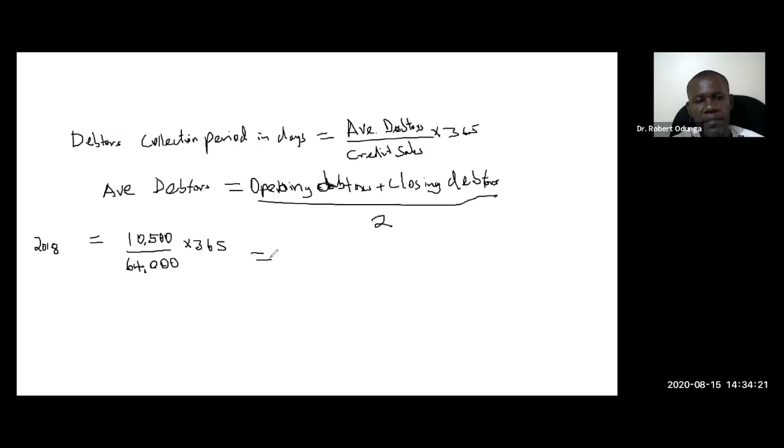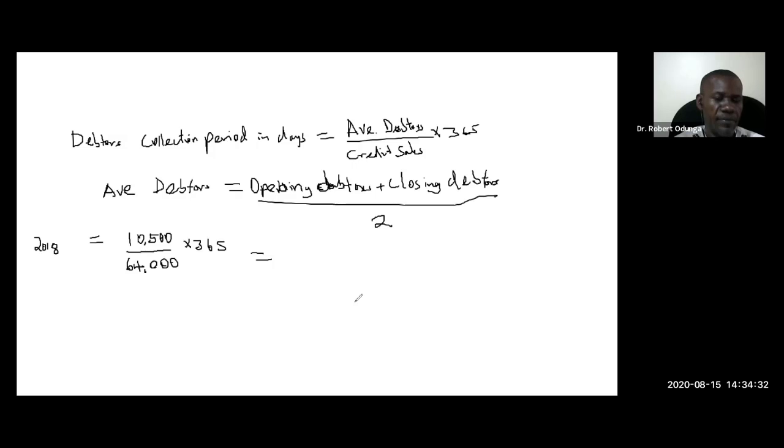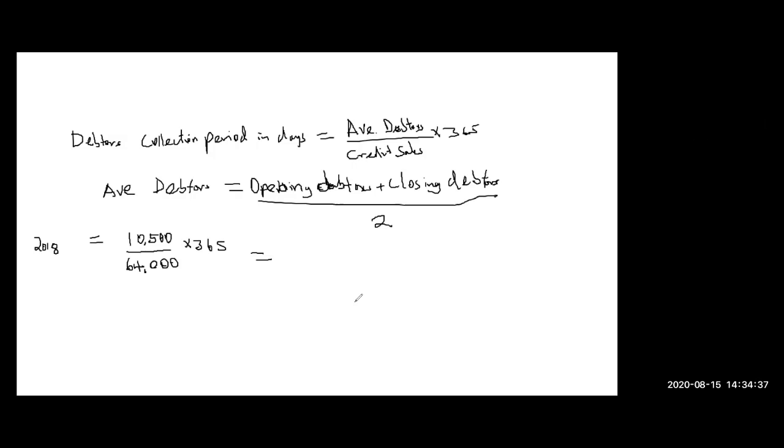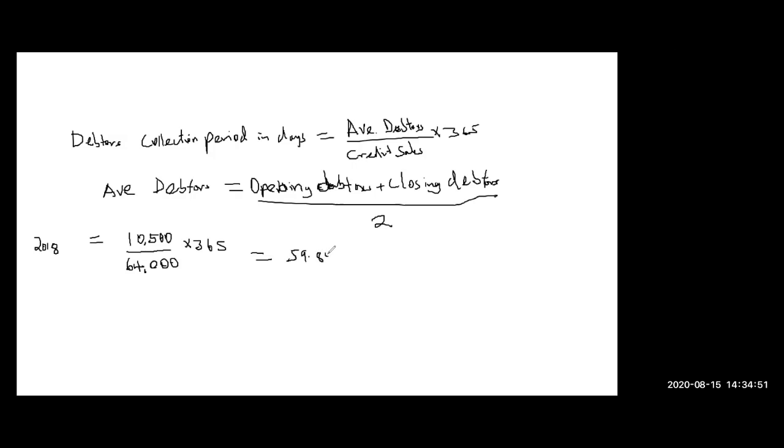So this is how many days in a year? 10,500 divided by 64,000 times 365. So this is about 58.88 days.